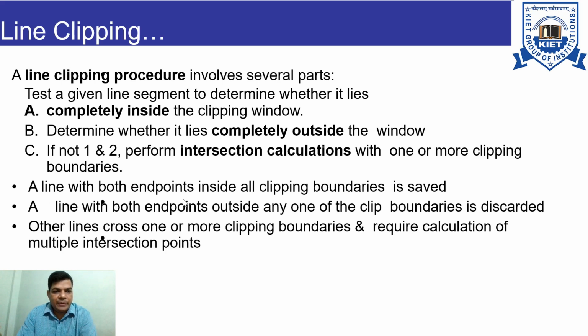A line with both endpoints inside all clipping boundaries is saved. A line with both endpoints outside any of the clip boundaries is discarded. Other lines cross one or more clipping boundaries and require calculations of multiple intersection points. So we are having three cases: whether the line is completely visible, completely invisible, or partially visible.